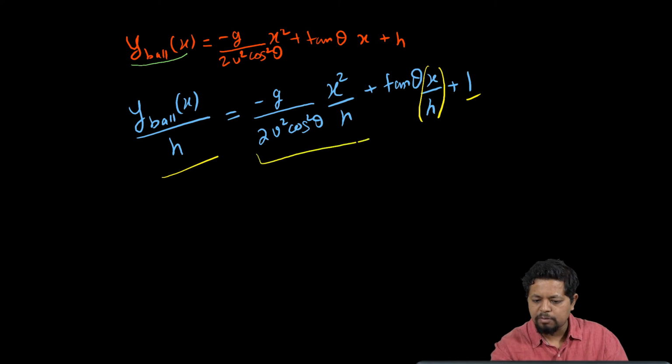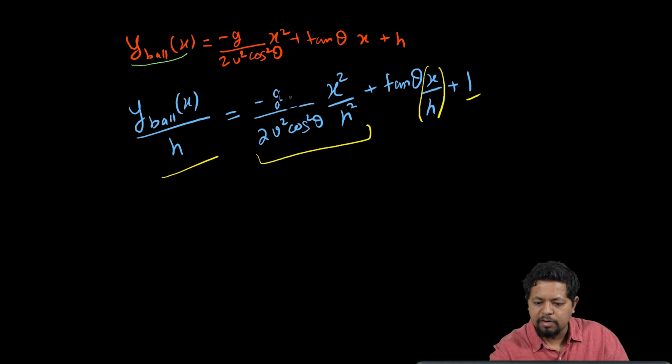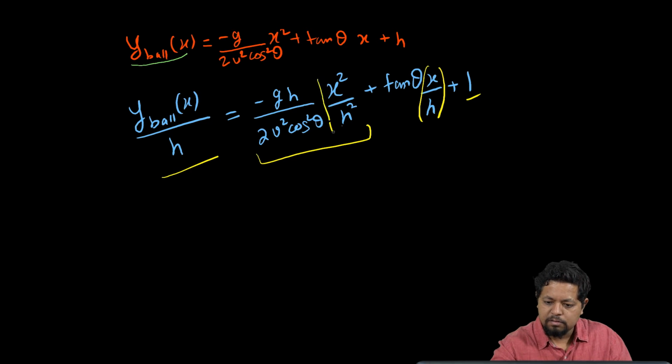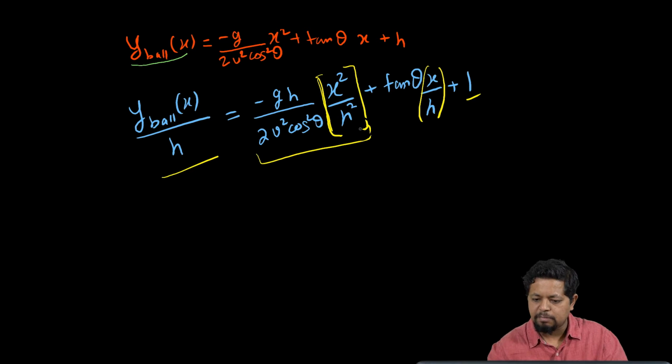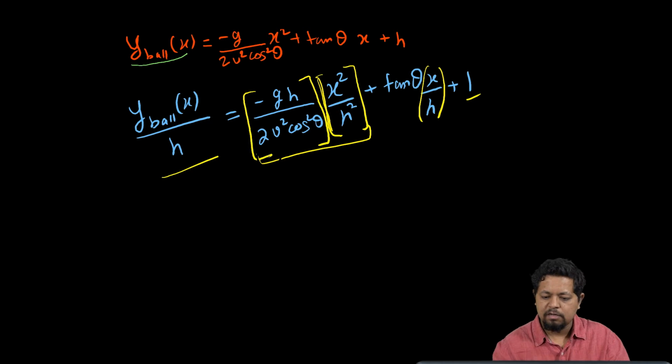So this term should also be dimensionless, but I want to represent x also in terms of h. Because I've got x square here, I'll make this h square and multiply an h over here. Given that x by h is dimensionless, I also conclude that this must be dimensionless. In fact, dimensions of v square and gh are the same, so indeed this is dimensionless.